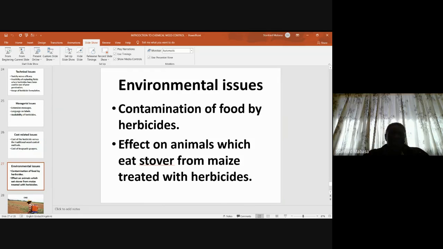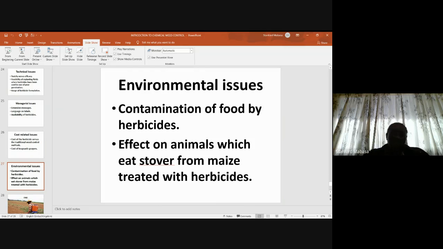Then environmental issues. They were concerned about contamination of food by herbicides. If you spray a crop, is that herbicide not going to remain within the crop? What about the animals which eat stover? Are they not going to be affected? Things like that.